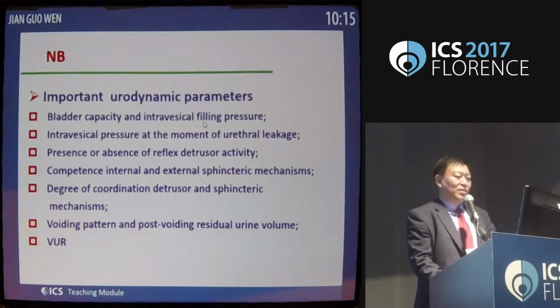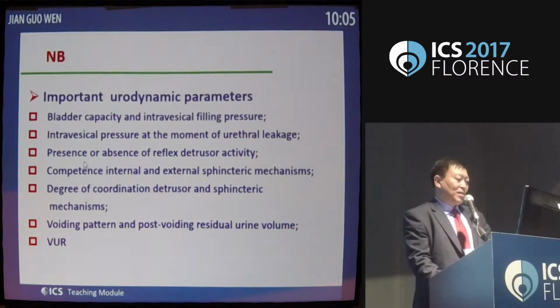Usually it should be less than 40 centimeters of water, intravesical pressure. Also the detrusor activity, overactivity or underactivity, is most important. We also need to determine the sphincter mechanism, the degree of coordination between the detrusor and the sphincter.